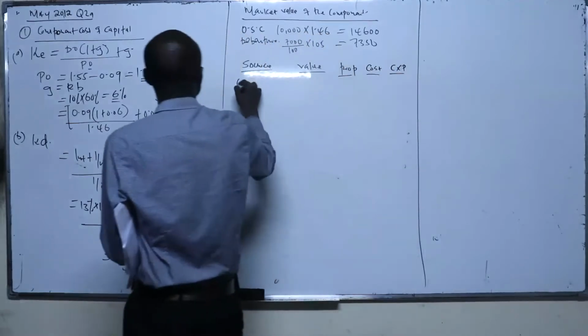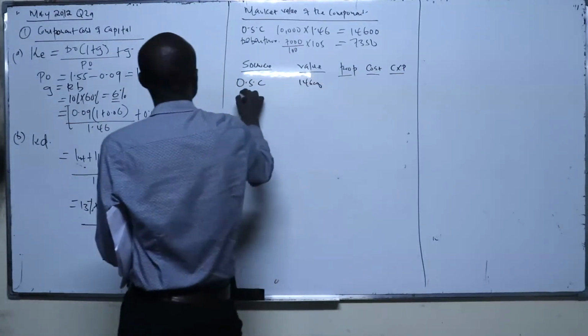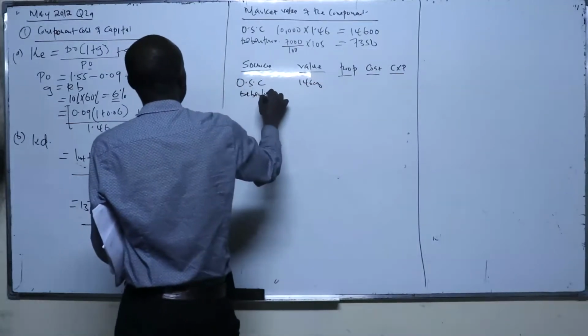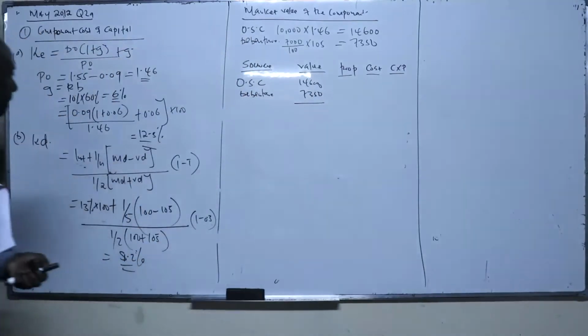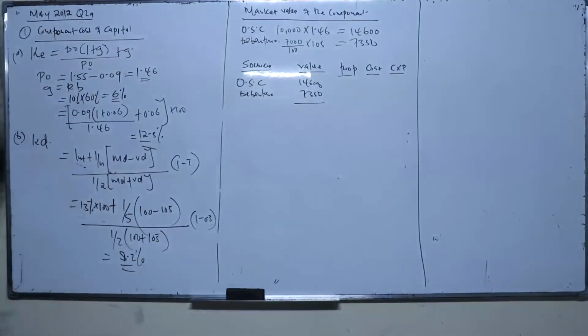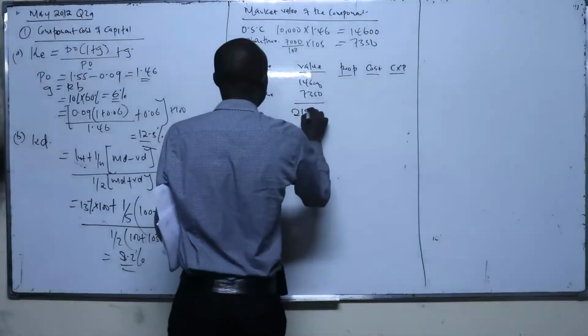The value for ordinary share capital is 14,600, debentures 7,350, total 21,950.